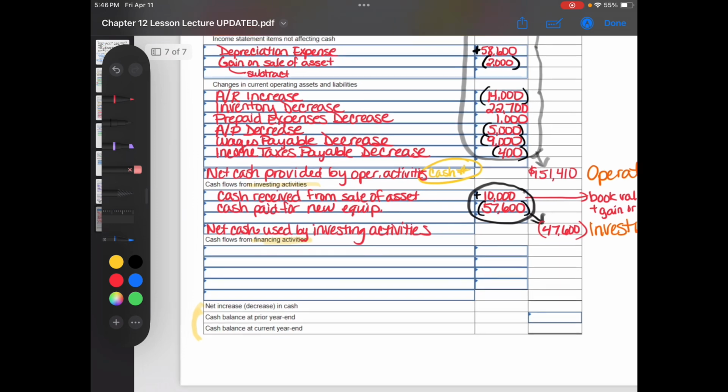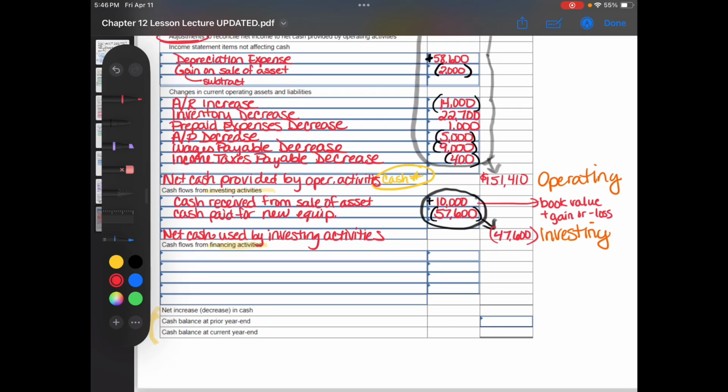And I'll zoom in just a little bit here. Okay, so again, we like to do the cash in first. So let's do that. Cash received from issuance of stock. And that is a positive $60,000.